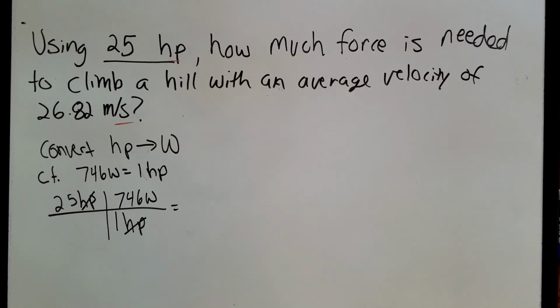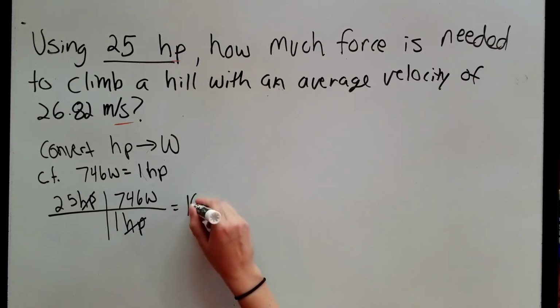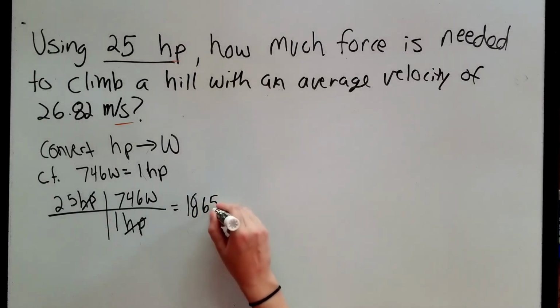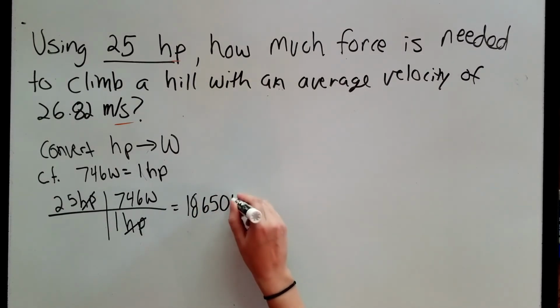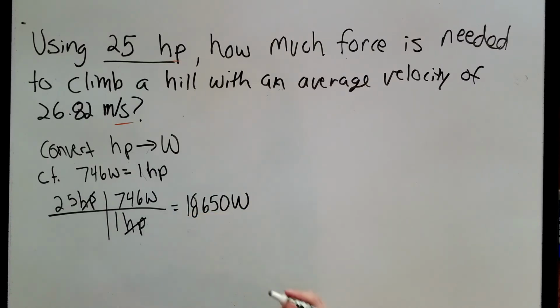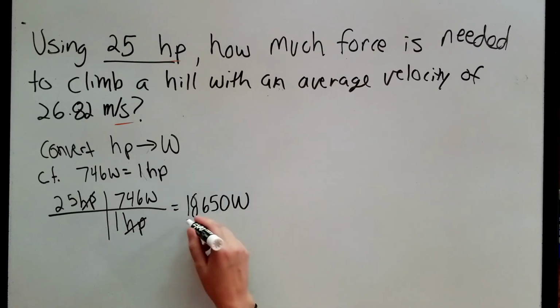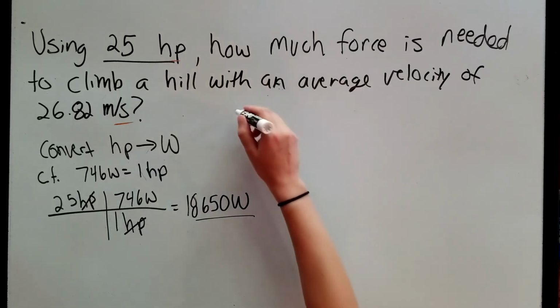So in this case, I'm going to be multiplying because I multiply across. So I get 25 multiplied by 746. I'm not worried about significant figures because I want to keep all of them because this is not my final answer. So this, 18,650, that is my power.